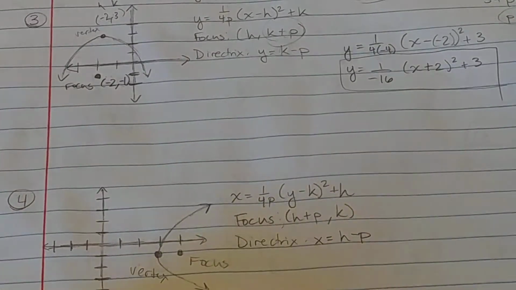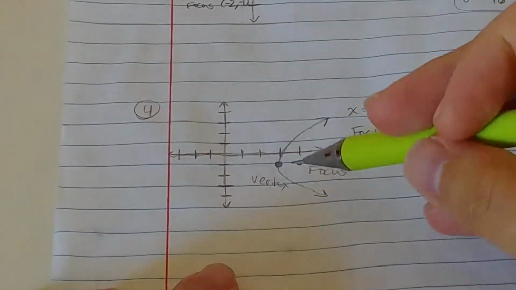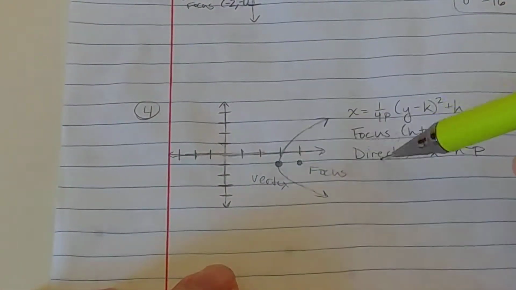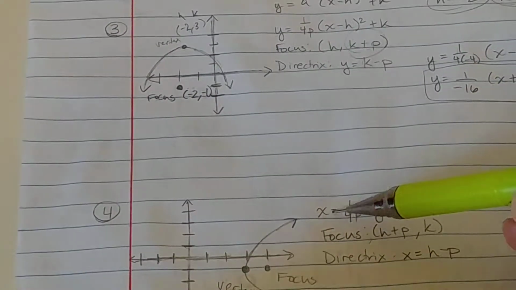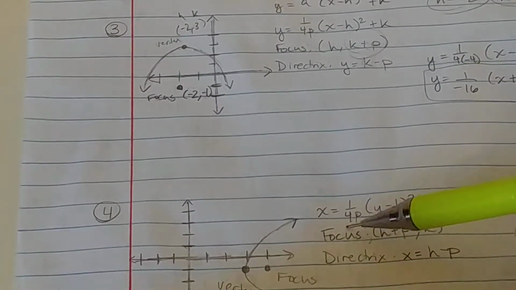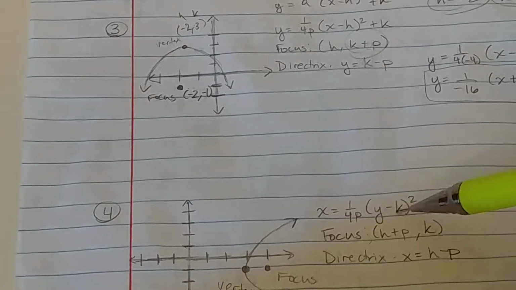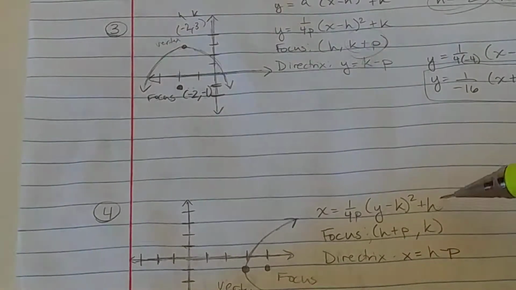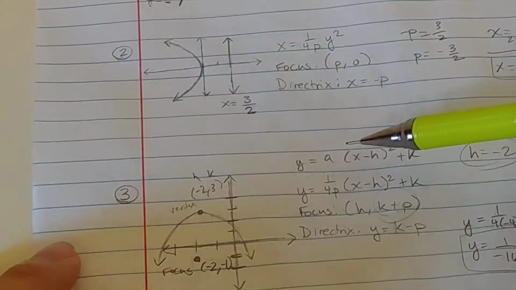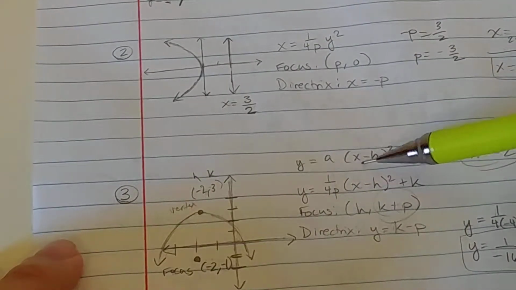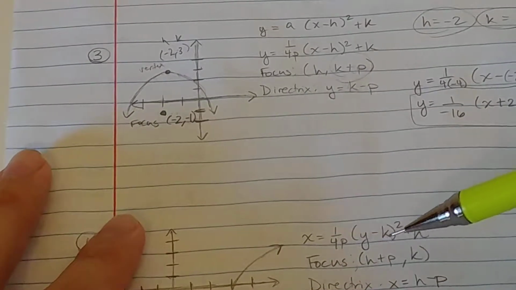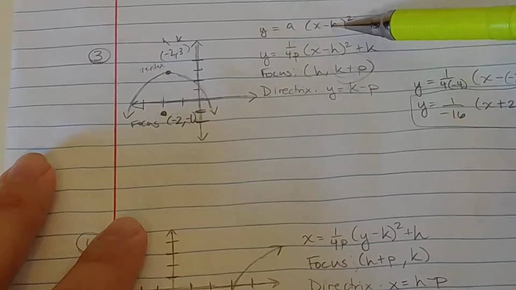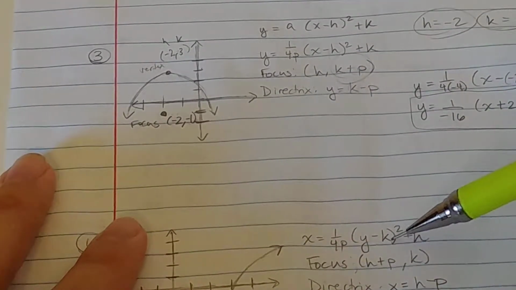On to the next. What if it's opening to the right or to the left? Then you want to follow this formula: x equals 1 over 4p times the quantity of y minus k squared plus h. That looks similar to the last one, except they switched the x and the y around, and they switched the h and the k around.